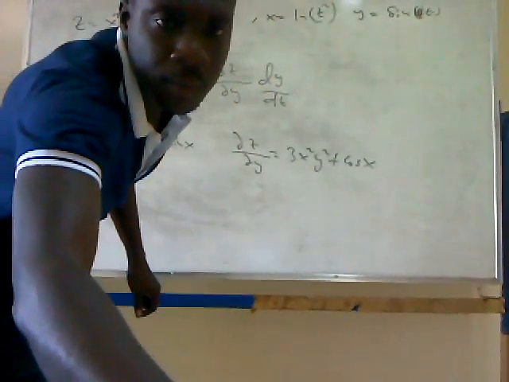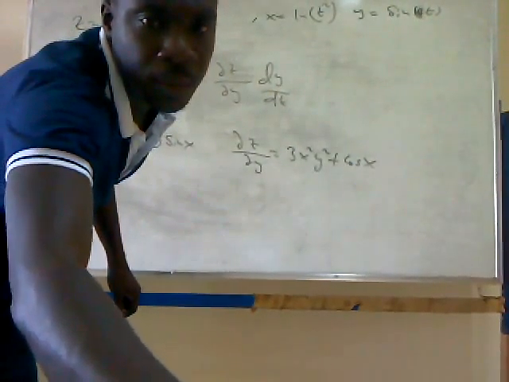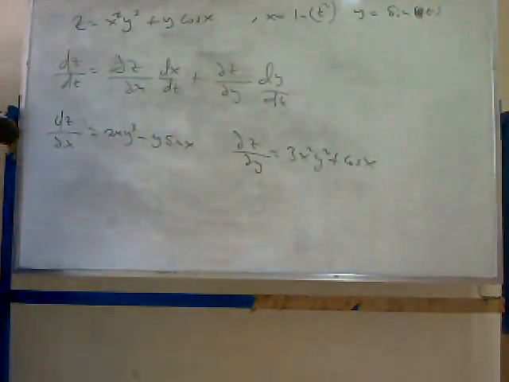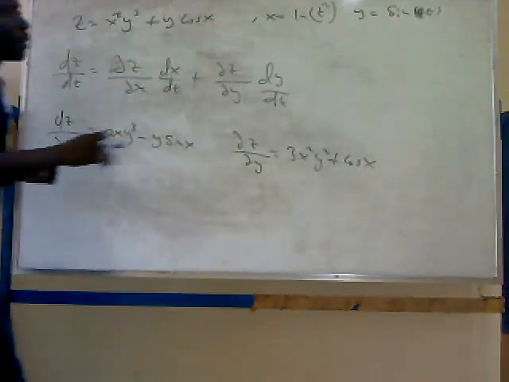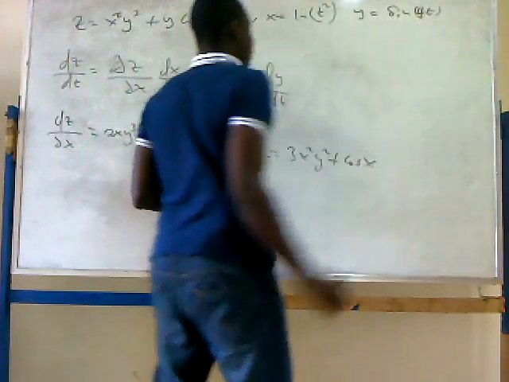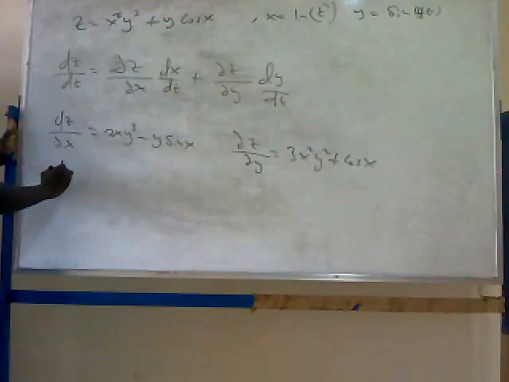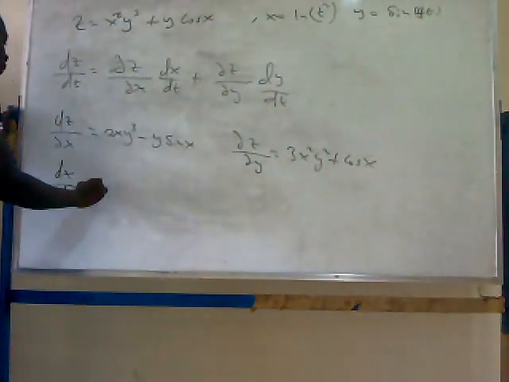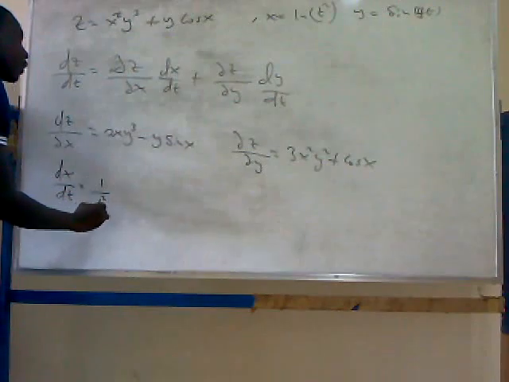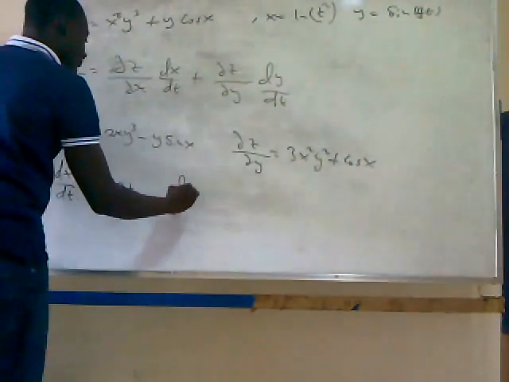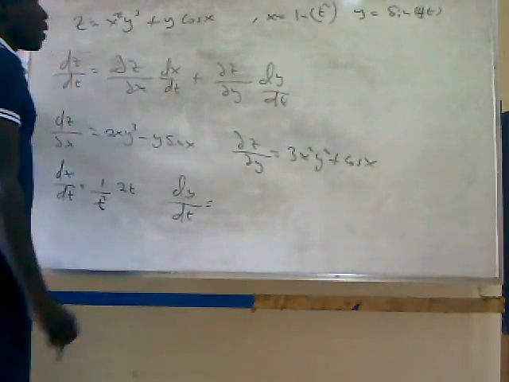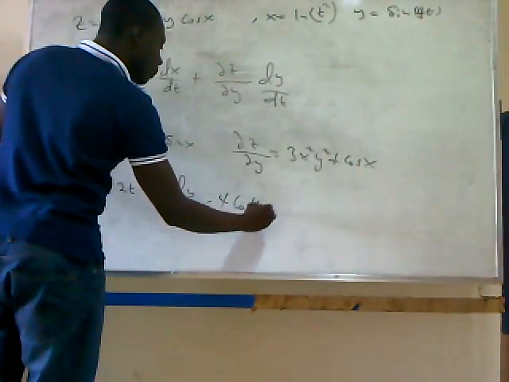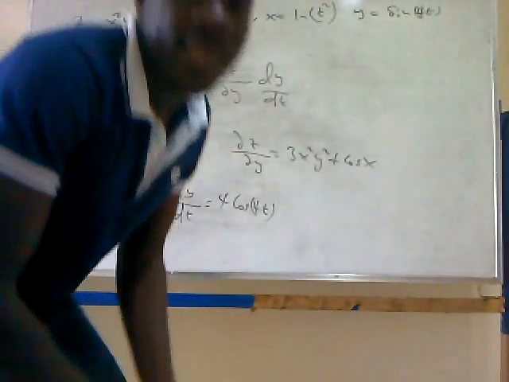Next, I find dx/dt. When I differentiate those with respect to that, I'm going to get 1 over t squared times 2t, and dy/dt will give me 4 cos 4t.